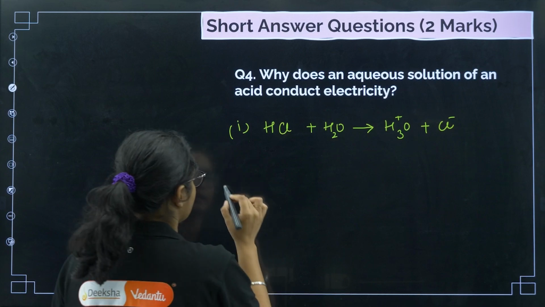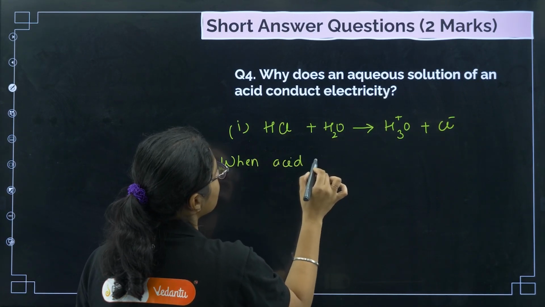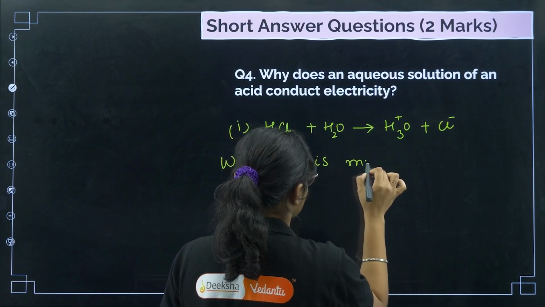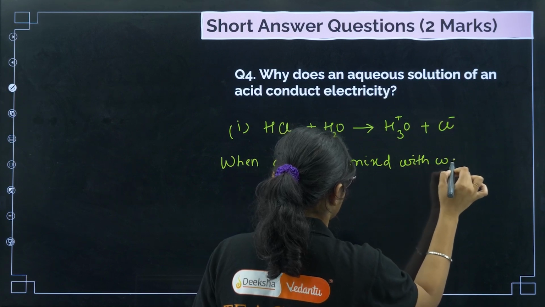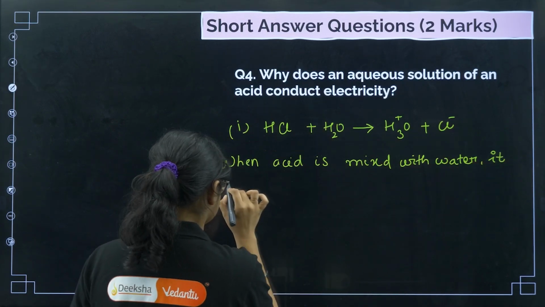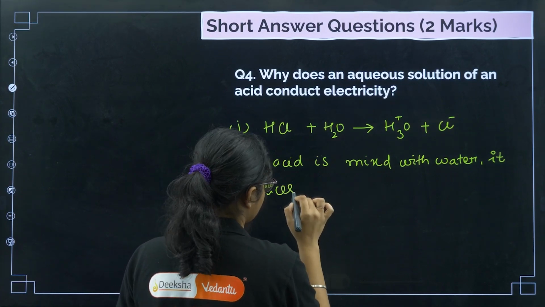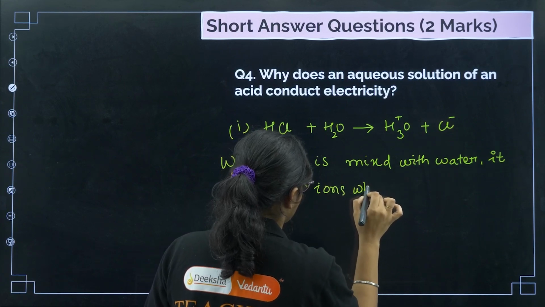So you can write down, when acid is mixed with water, it produces ions, okay, which can conduct electricity.